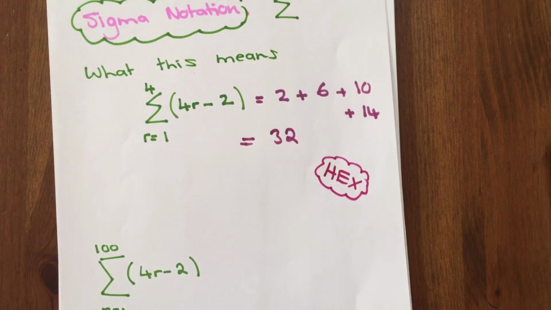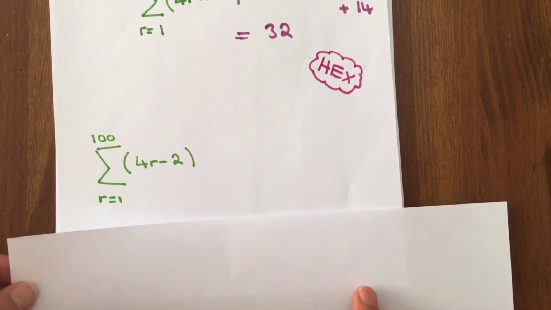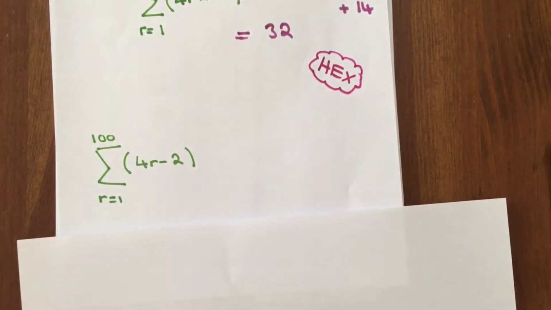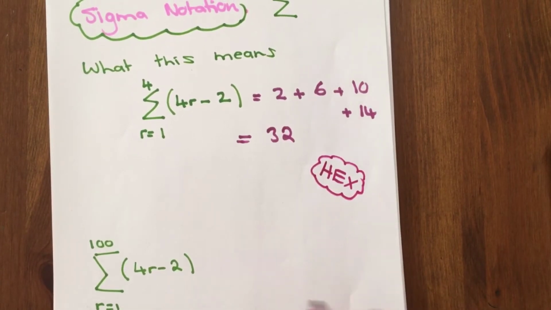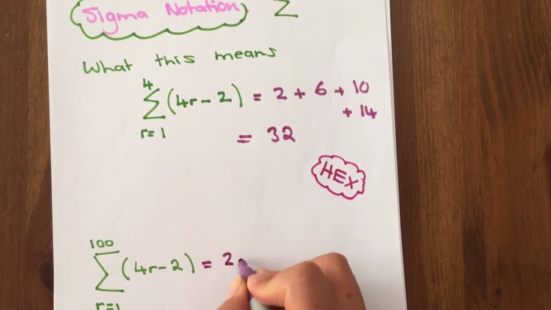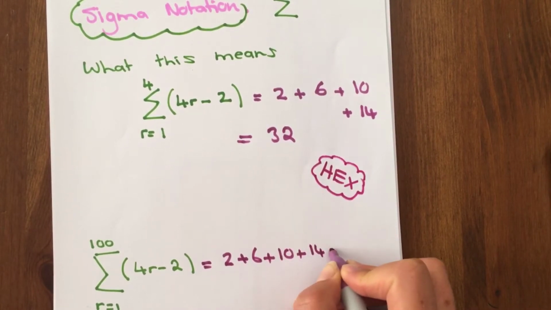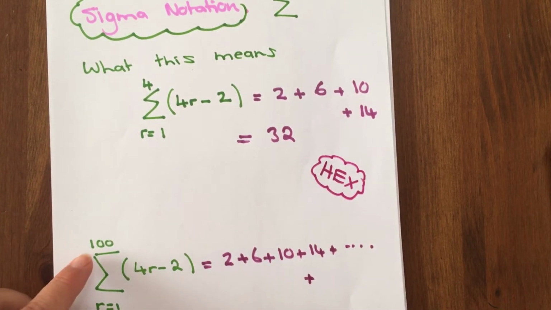So let's look at this one here. Have a go at this. Actually, I might need to explain this one to you because r in ours is a lot bigger, isn't it? Okay, so it's the same sequence. So we know this is 2, add 6, add 10, add 14, add all the way to when we get to 100.